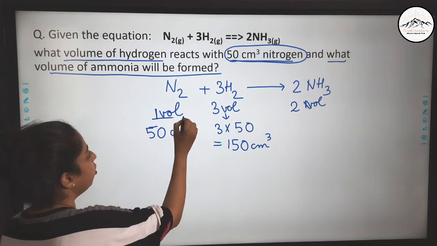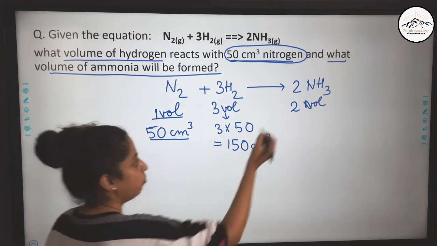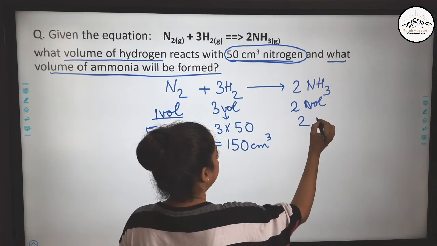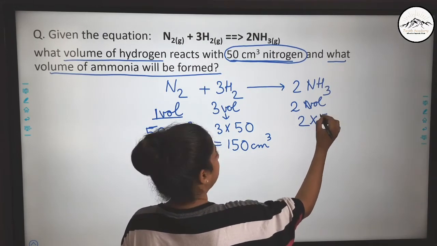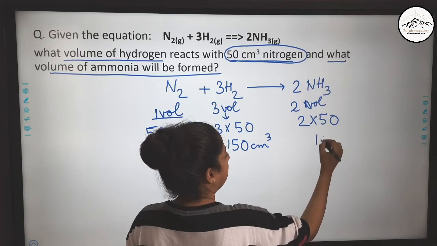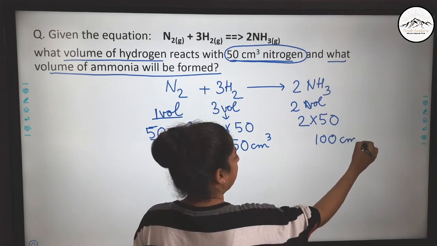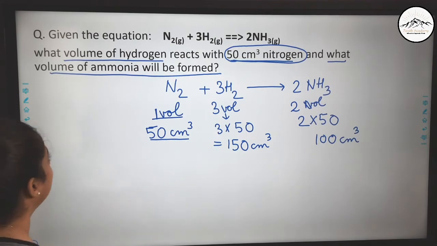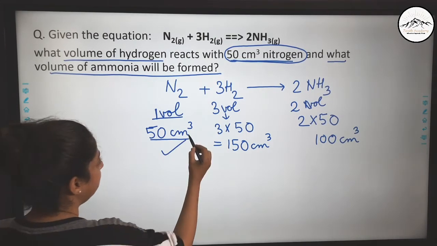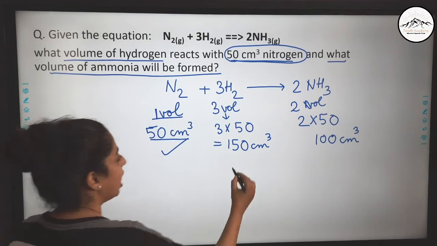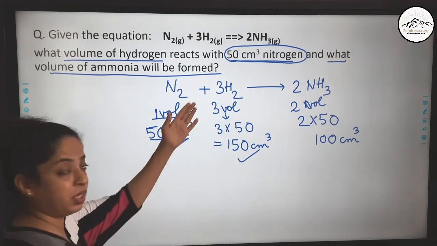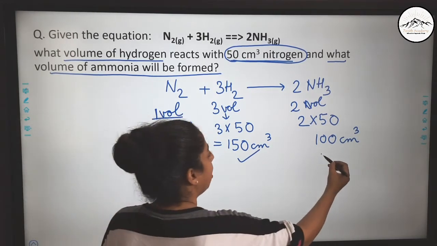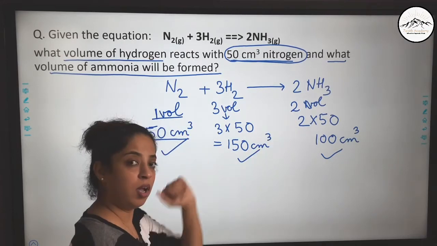Now again, one volume corresponds to 50 centimeter cube, so two volumes will correspond to 2 into 50, which is 100 centimeter cube. So from this you can say that 50 centimeter cube of nitrogen reacts with 150 centimeter cube of hydrogen to form 100 centimeter cube of ammonia.